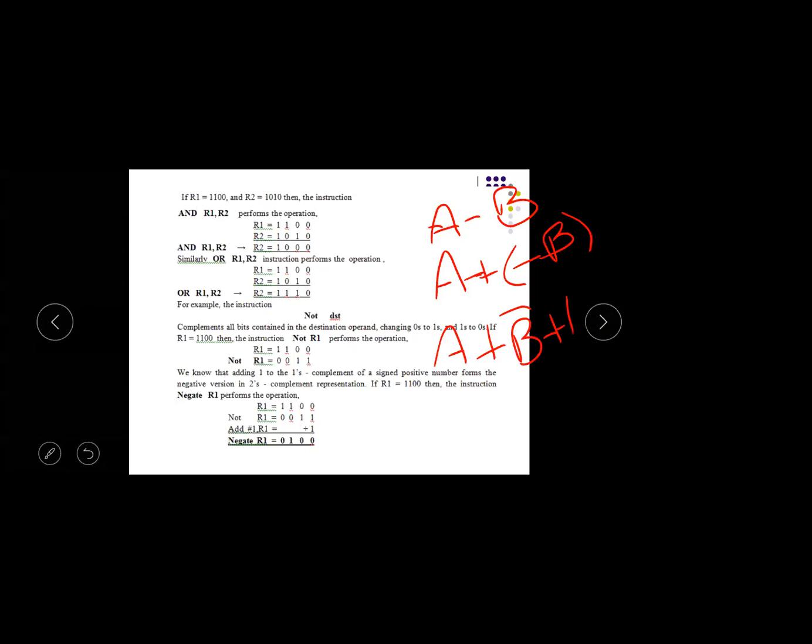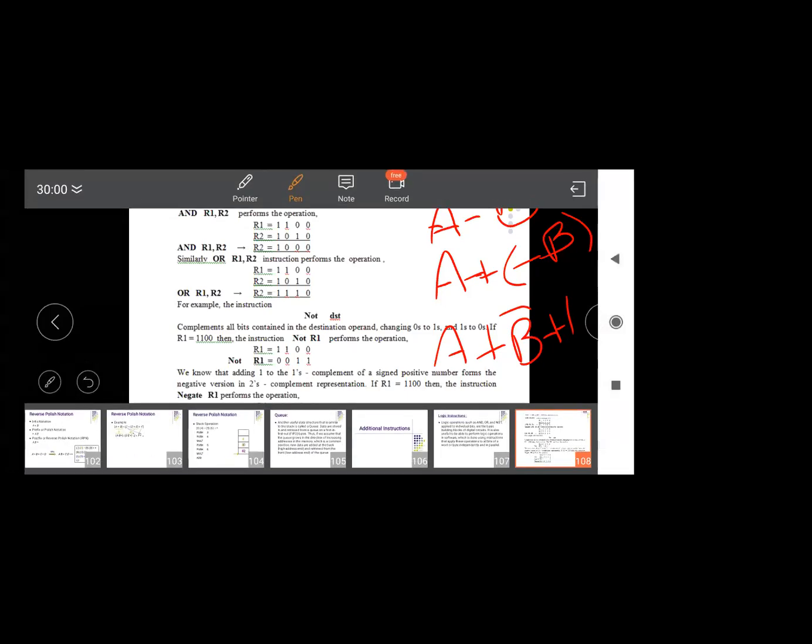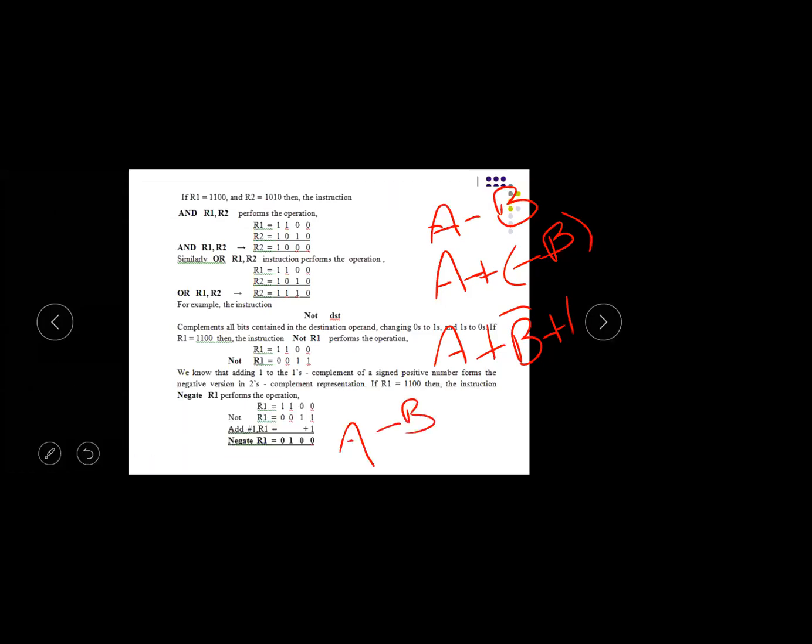That is A plus B bar plus 1. So subtraction can be performed by using A plus B bar plus 1.